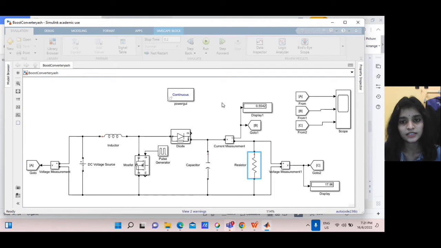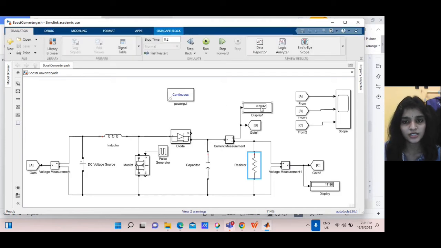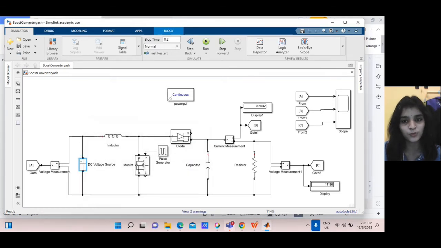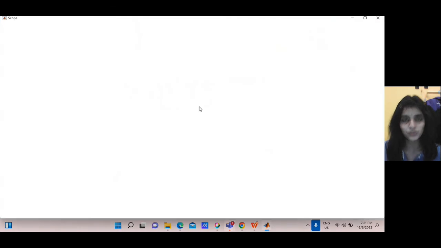As asked in the question, our DC input must be 12 volt and the output must be 18 volt. But what we get is 17.96, which is nearest to 18 volt. Now I'm going to show the scope.